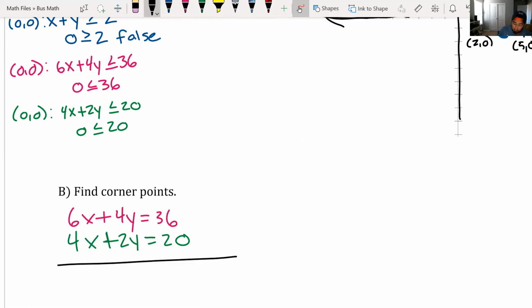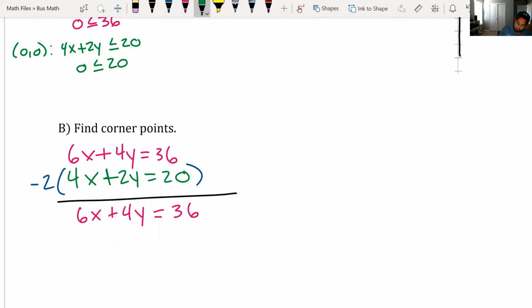So all I have to do is multiply the second one by -2. And I'll get 6x plus 4y equal to 36. And then I'll get -8x minus 4y equal to -40.